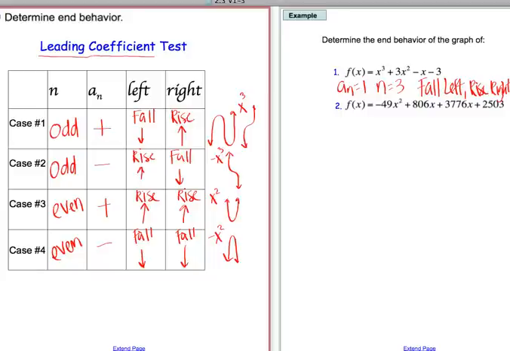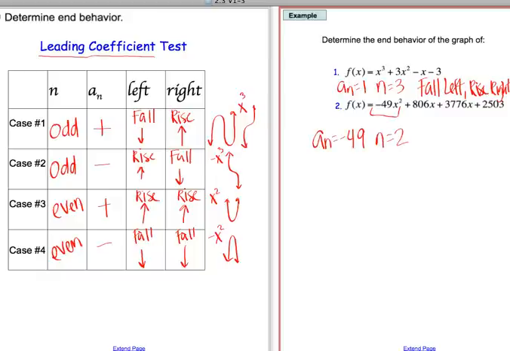And for our other example, the leading coefficient is negative 49. The degree is 2. So now we have an even degree with a negative, so we know that this is going to fall left and fall right.